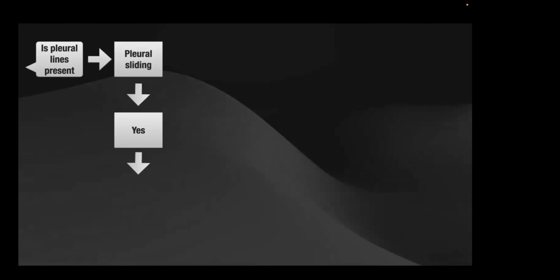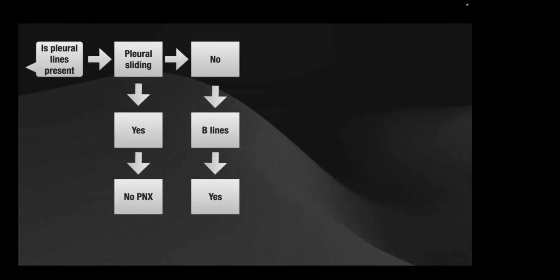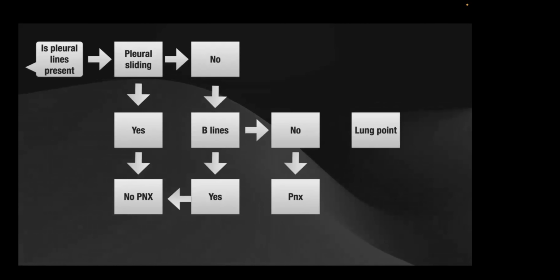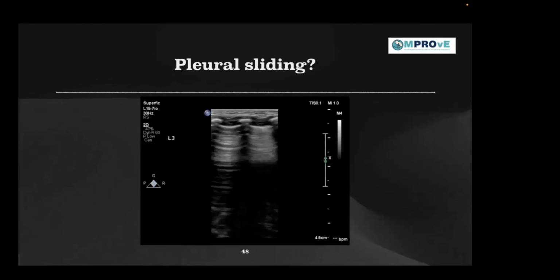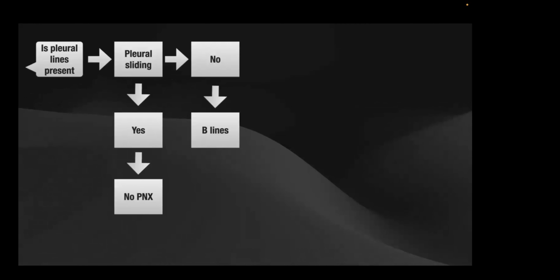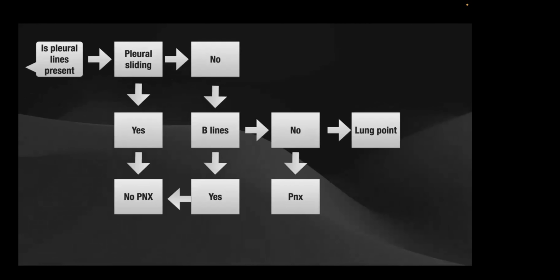I'll just run through this one because I've repeated myself a couple of times now, and I can see Alok has already shared the reading material from where it has been picked up. So I'll not go through this. But this is just an approach to come to a conclusion about pneumothorax.